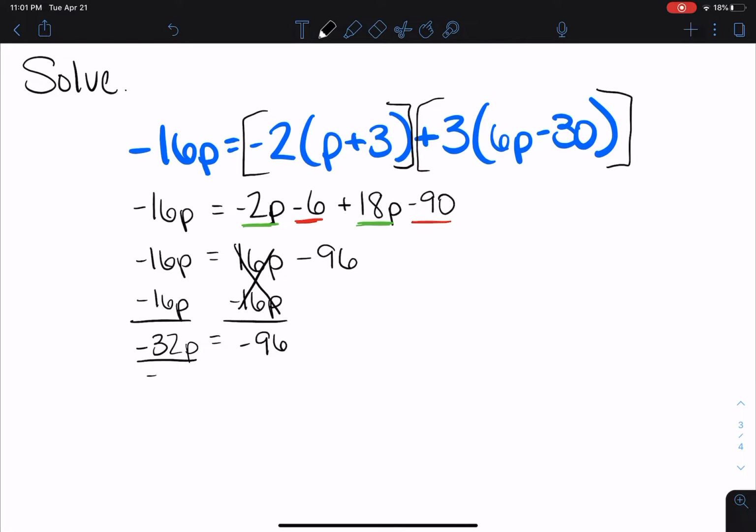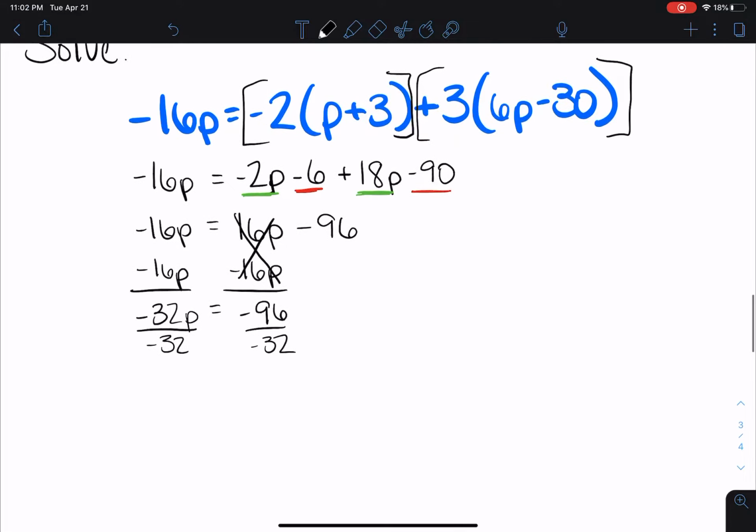So if I divide by negative 32 on both sides, that's going to cancel to be 1. So p is equal to negative 96 divided by negative 32. I believe that is positive 3. So p is equal to 3 in this case.